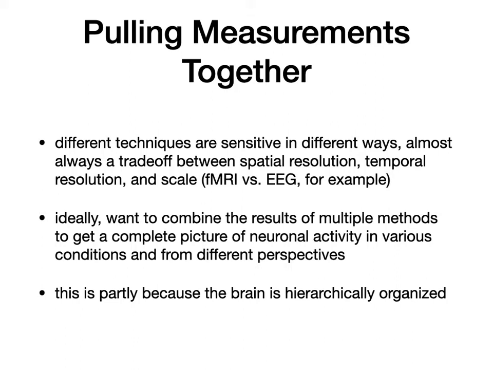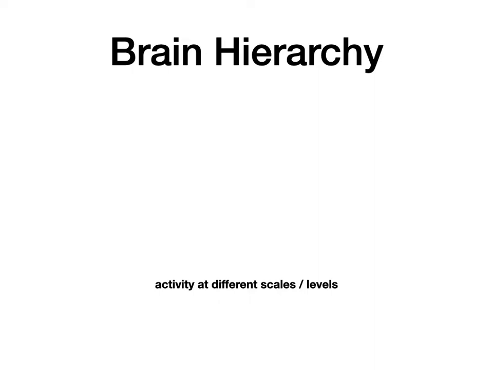If I detect a certain kind of activity with fMRI, I should then be able to make predictions about what I might find with an EEG measure. They won't be measuring the same exact thing, but they will help us to guide each other, right? They kind of bootstrap up and down the brain. This is all because brains are hierarchically organized.